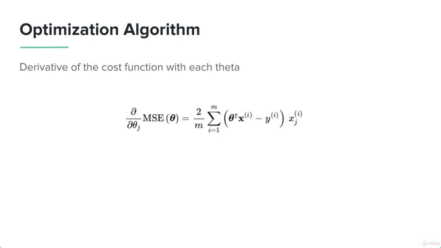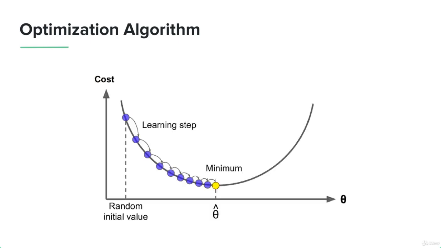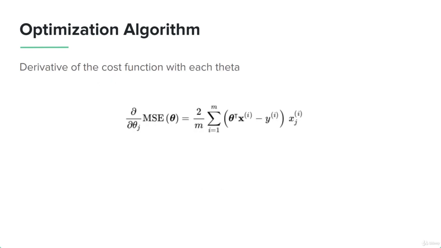And then what we do is we take learning steps. Each learning step is like a loop. For the sake of learning, let's imagine we only have one theta. If we have one theta, then we only need to derive the cost function with respect to that, so the equation we will get will look like this one, and there will be no more subscript operators.